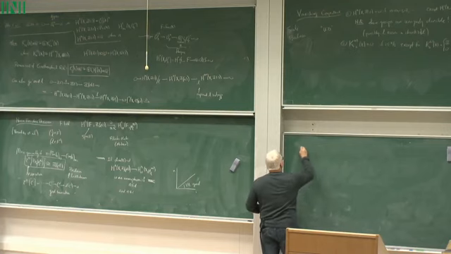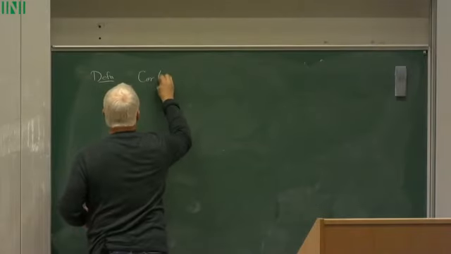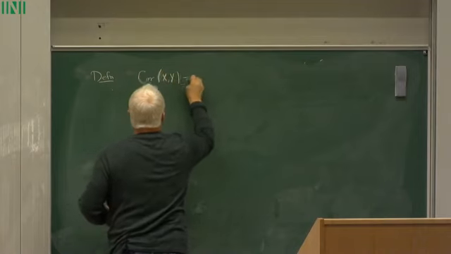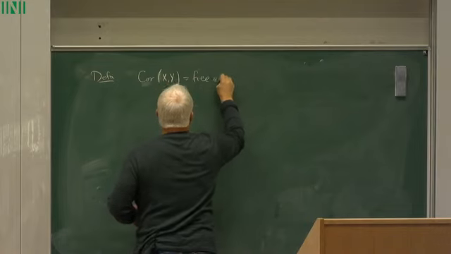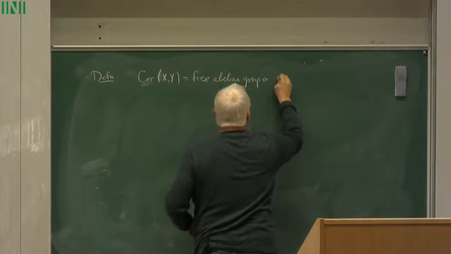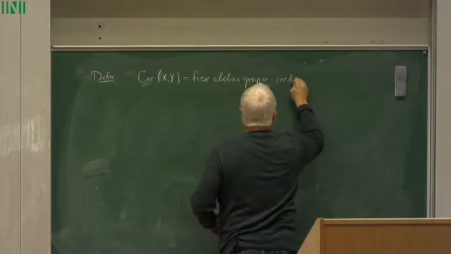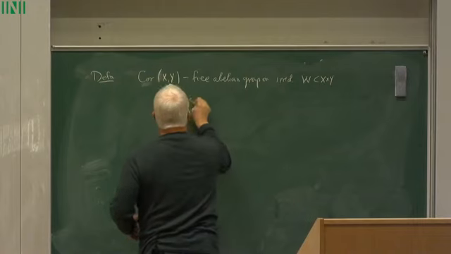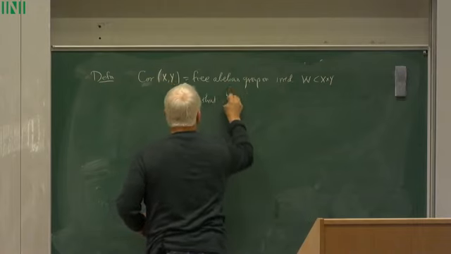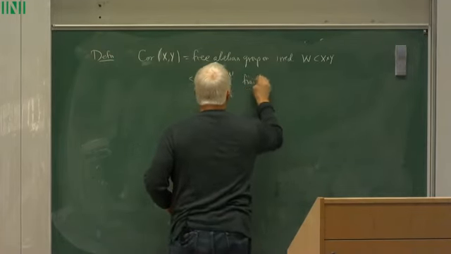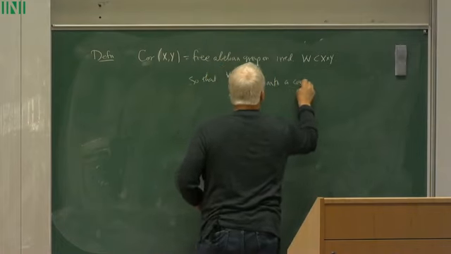So well, let me say Cor XY is a free abelian group on the irreducible W contained in X cross Y, so that the projection from W down to X is finite onto a component of X.